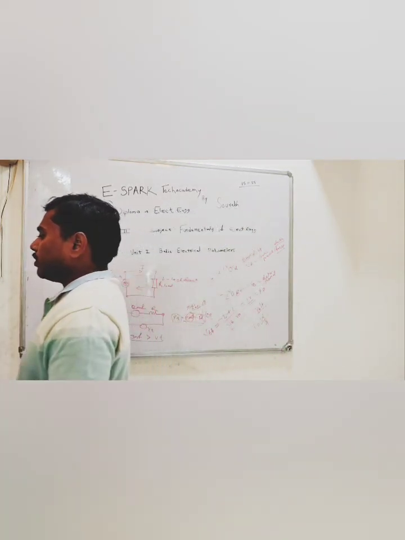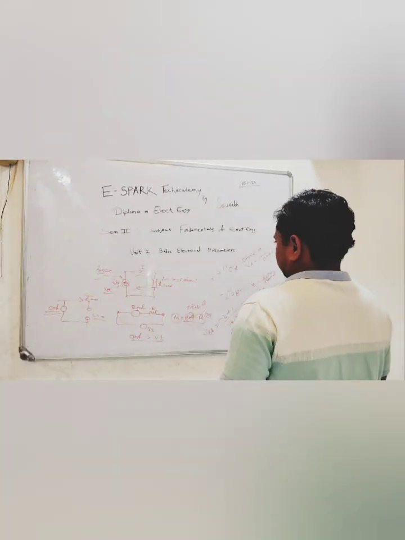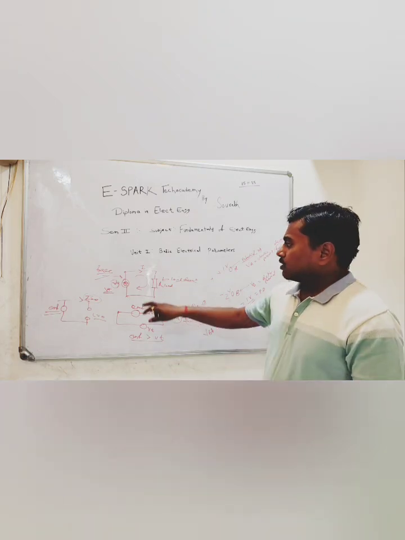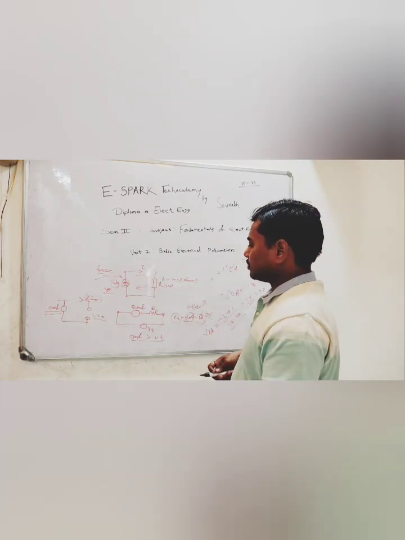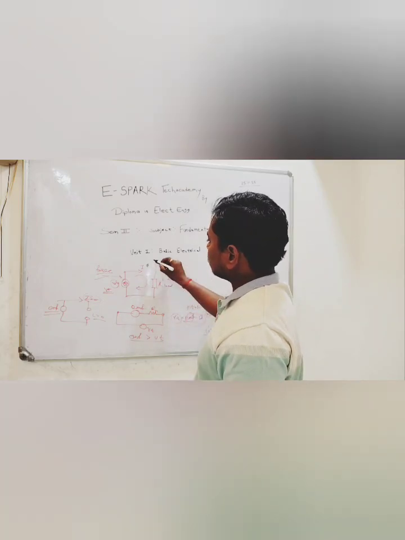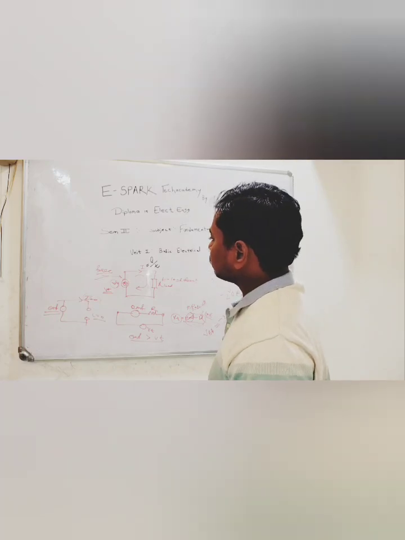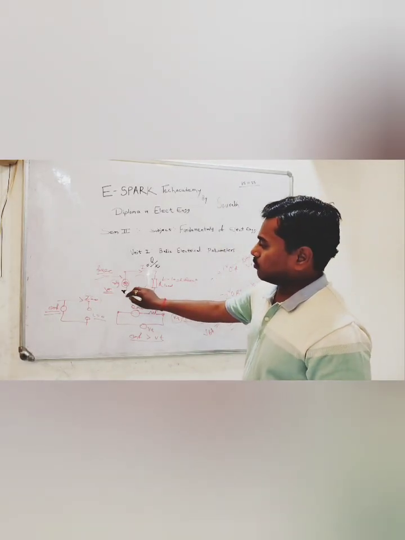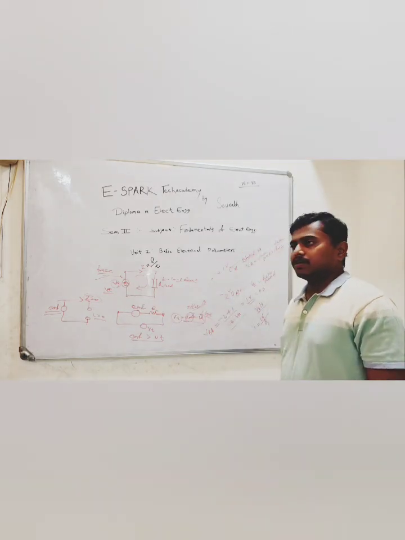Now we will go further. Now the electric work. Electric work is nothing but the work done by the charge. I is nothing but charge divided by T. The work is done by this charge when voltage is applied to any circuit.